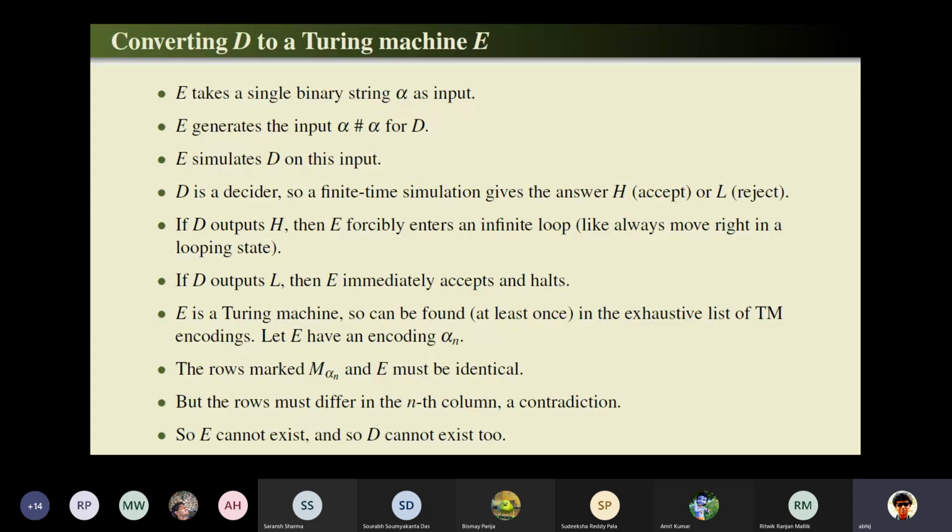Okay. So that's the diagonalization proof. In this form or some other equivalent form, Turing proposed this proof, definitely based upon Cantor's diagonalization idea. Possibly Turing didn't present it in this form itself, but the proof is essentially this.